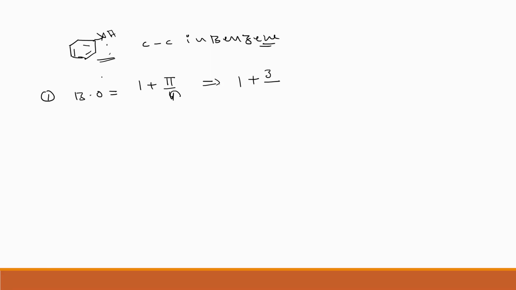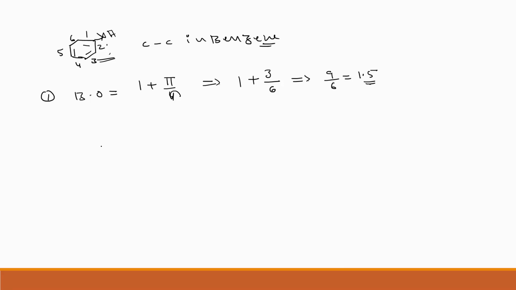And the number of sigma bonds between carbons: this is 1 sigma bond, this is 1 sigma, this is 1 sigma, this is 1 sigma, this is 1 sigma, this is 1 sigma. So 6 sigma bonds. So 1 plus 3 by 6 gives 9 by 6. What is the bond order?